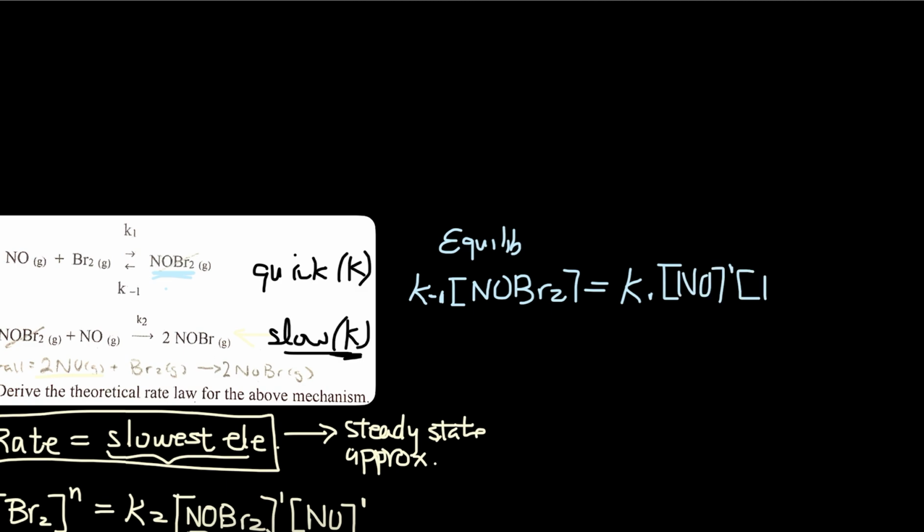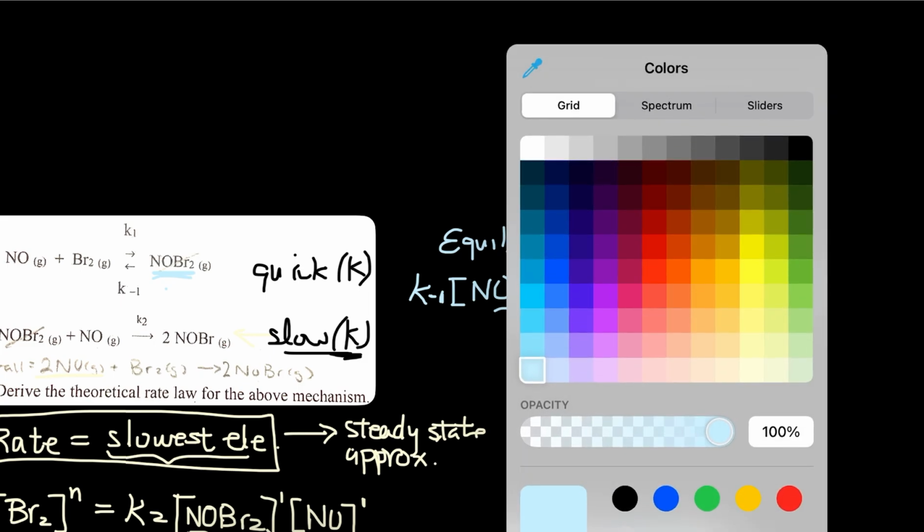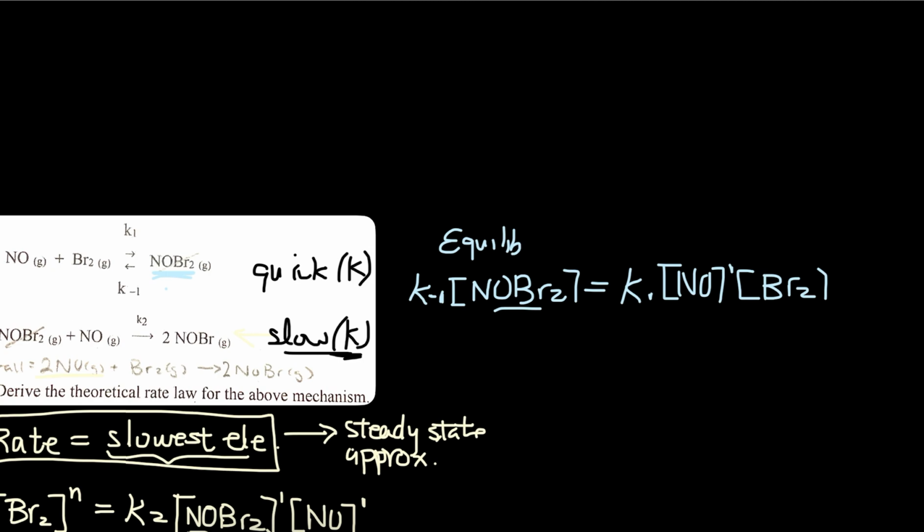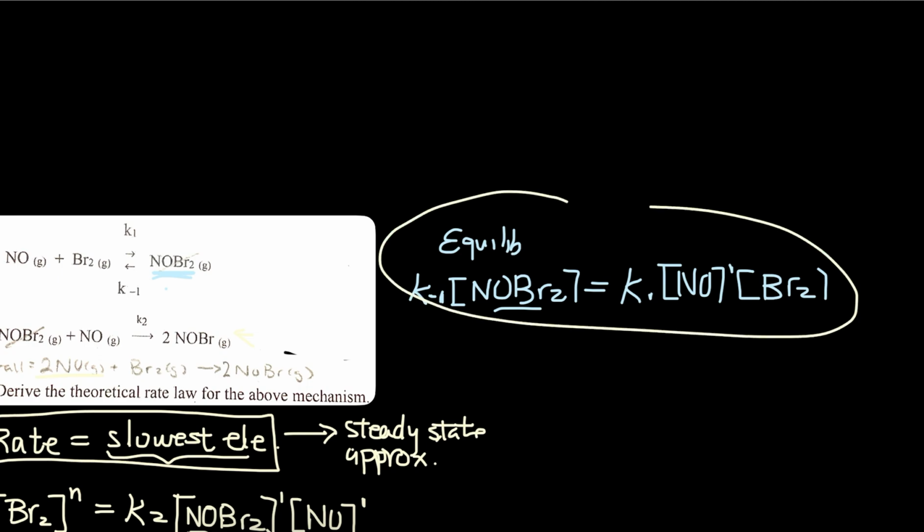So that would be what you would do if you did know which one was slow and which one was quick, and then you would just isolate for this. But because we don't know which one is quick and which one is slow, that means we cannot use this kind of simplicity.